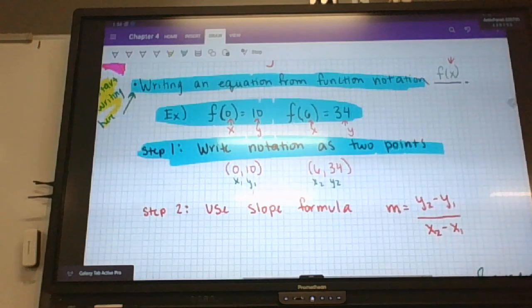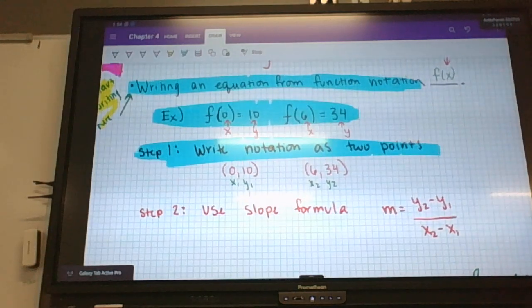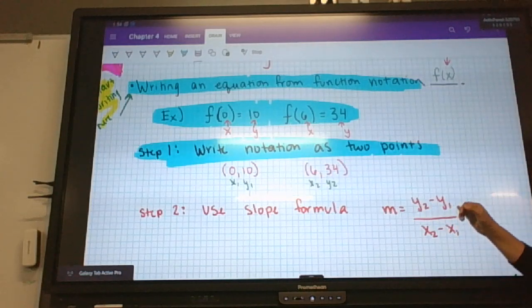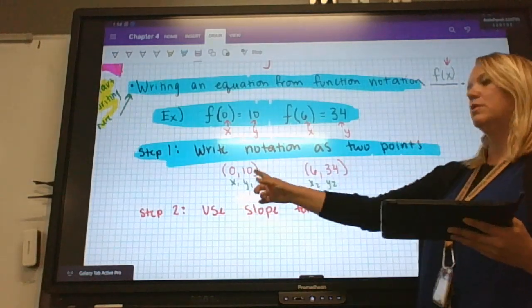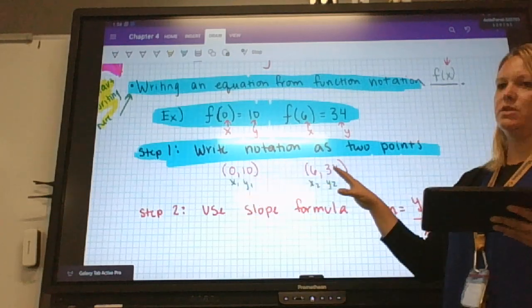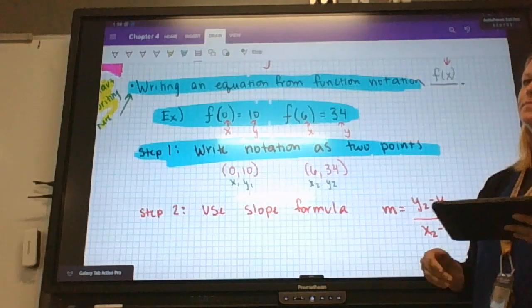So from there, you can go ahead and use slope formula. I tend to do it this way because the formula is y2 minus y1. I'm gonna write it 34 minus 10, but you could switch them and it would still be right.